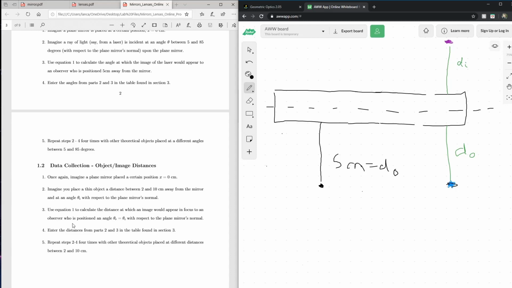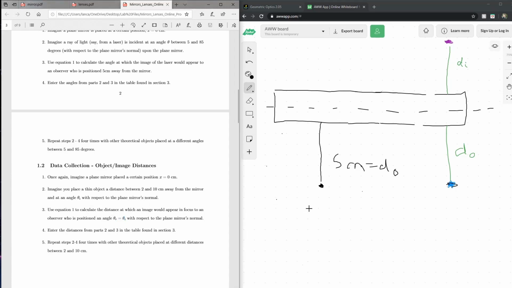Now it says to use equation 1 to calculate the distance at which an image would appear in focus to an observer who is positioned at an angle theta r equal to theta I, so the same angle that this is at with respect to the plane mirror's normal. And of course it's implied here that the image actually would not appear to an observer who's in front of this mirror, and you also wouldn't see it behind.